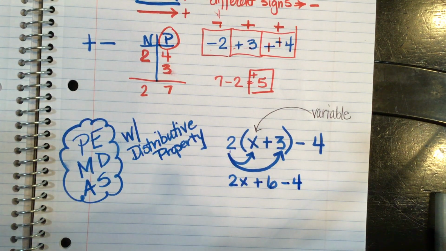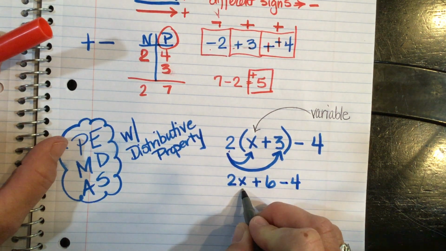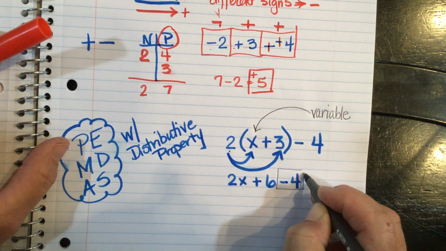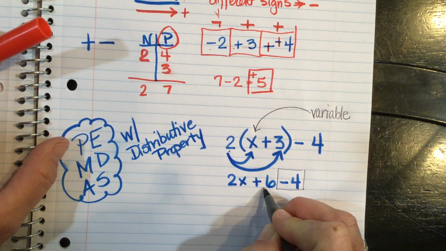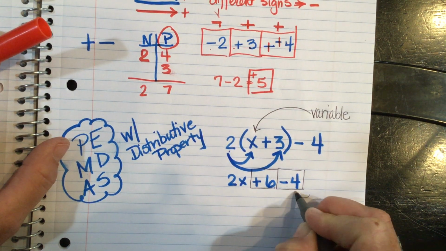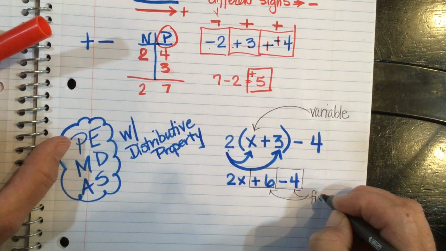Okay? So now what I want to do is, when we are simplifying, you look at common terms. Obviously, my -4 is the same type of term as the 6. These are both called fixed terms. And I'm going fast.